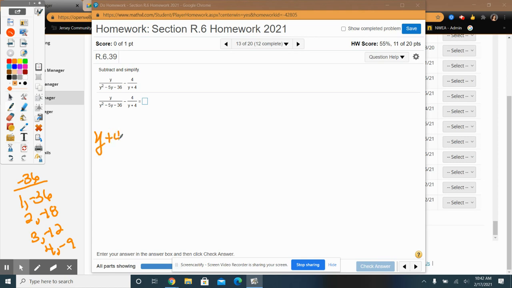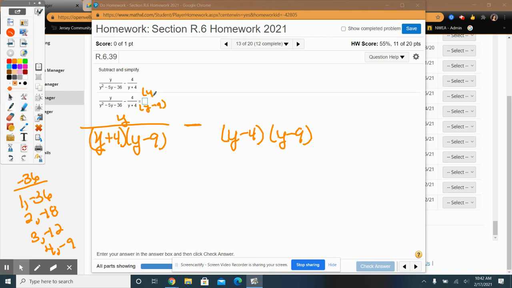So it's going to be a y plus 4 and a y minus 9, and that gives me a y on the top. Minus. Now the second piece is missing. It has the y plus 4, but it still needs the y minus 9. So I'm going to multiply the top and the bottom by y minus 9. So I have a minus 4 times y minus 9.